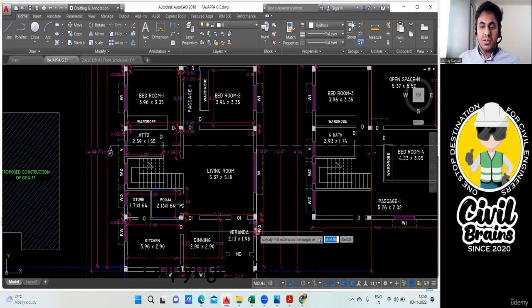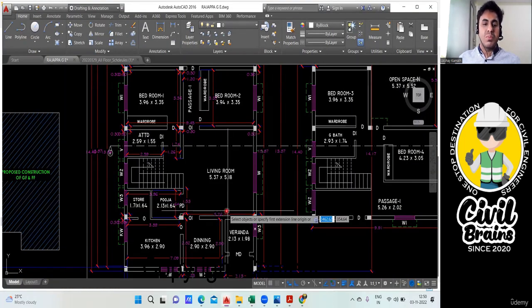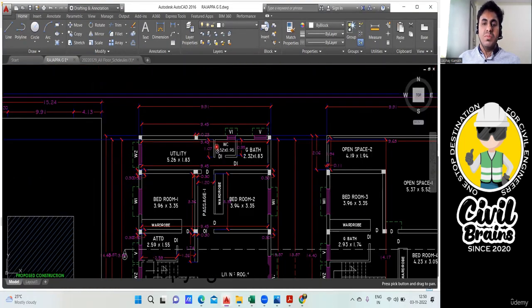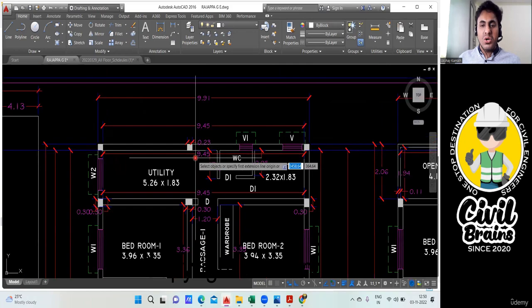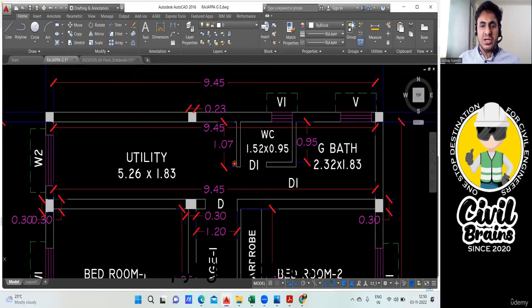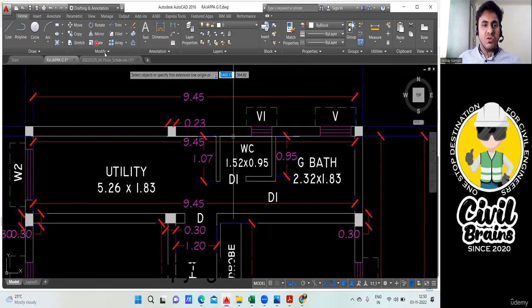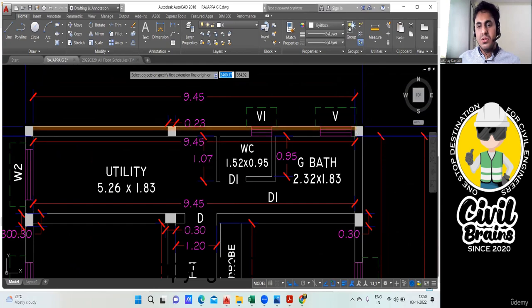Now, whatever we have done is correct, but there are a few problems in this. The problem is that you need to deduct a few things. I'll tell you what all things you're supposed to deduct. See, we'll start from here. When I'm doing this plastering, what is going to obstruct my plastering? When I'm doing the plastering here, I have taken this complete length.